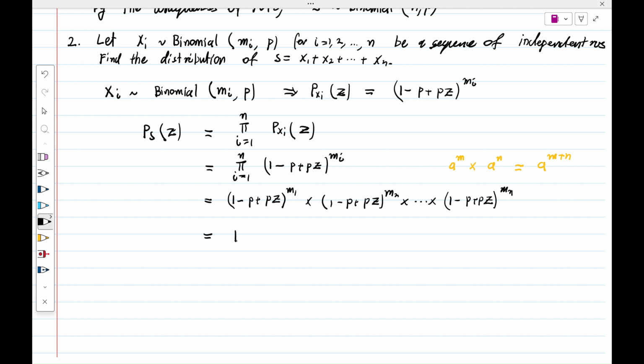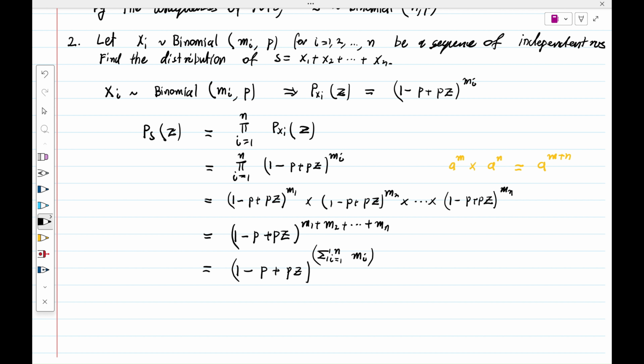So this can be rewritten as (1 minus p plus pz) to the power of m1 plus m2 plus up to mn. Or in shorthand form, we can rewrite this as (1 minus p plus pz) to the power of the sum from i equals 1 to n of mi, inside the power.